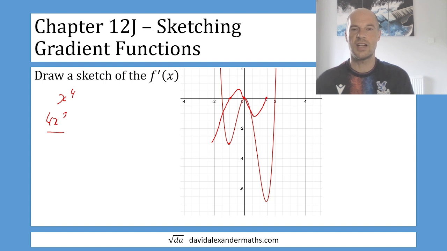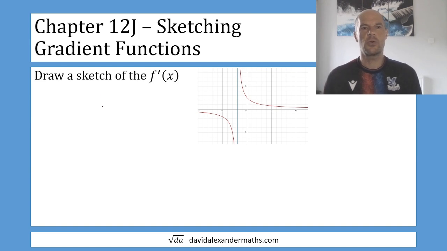Then it hits the turning point where the gradient is 0, and then it becomes positive again, a little bit positive, getting more and more positive, and then it's just shooting up in this direction. So there we go. Again, the key thing is understanding that a quartic will differentiate to a cubic. The turning points of the quartic correspond to the x-intercepts of the cubic, and then just draw your cubic graph, making sure you go through those x-intercepts.